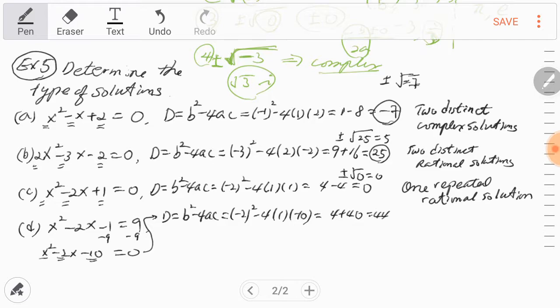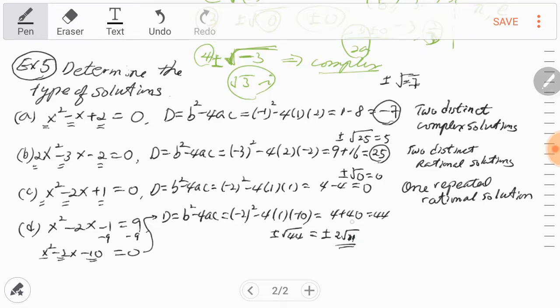And 44 is not a perfect square. So plus or minus the square root of 44, which is plus or minus the square root of 4 times 11. So there's a square root in the solution because 11 stays inside.